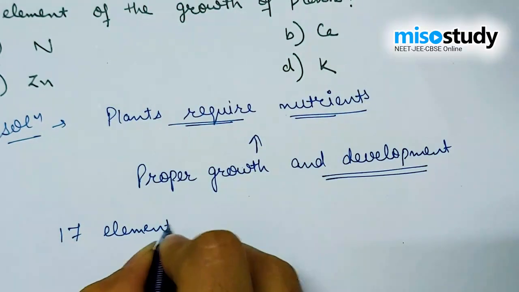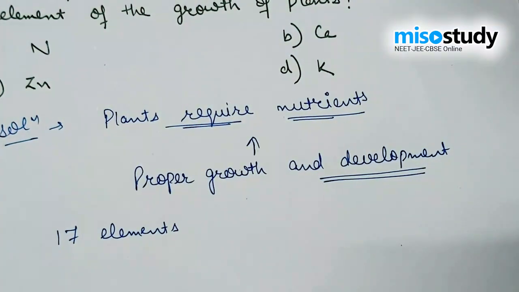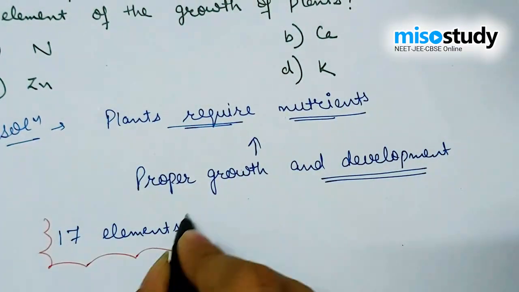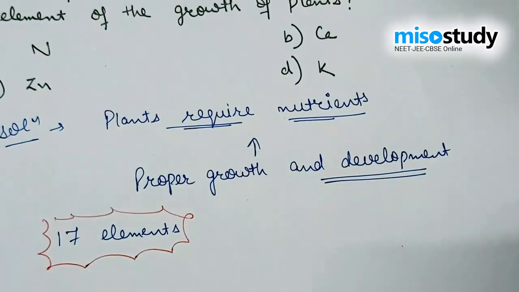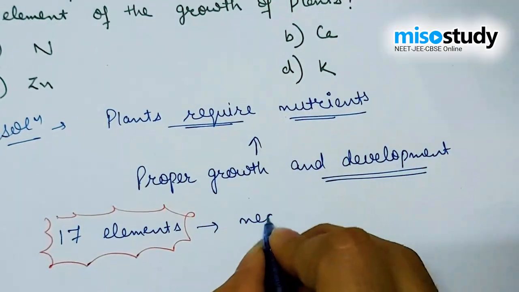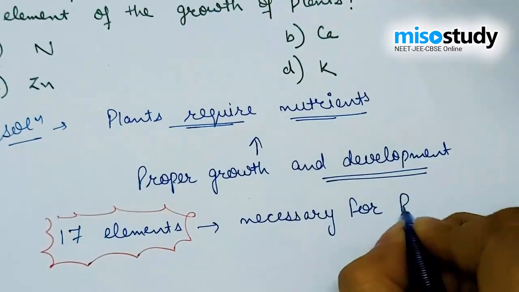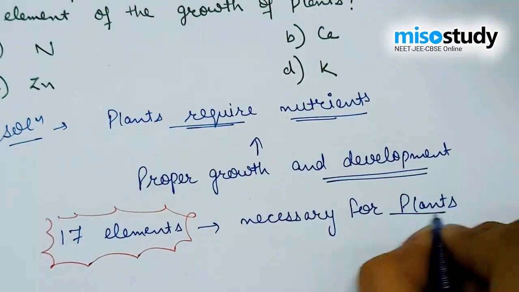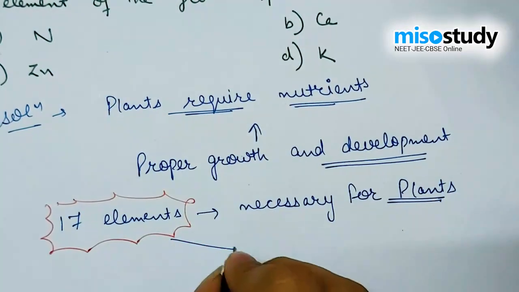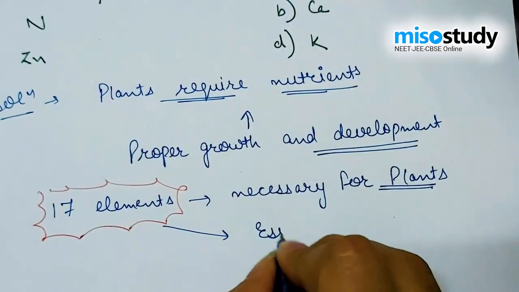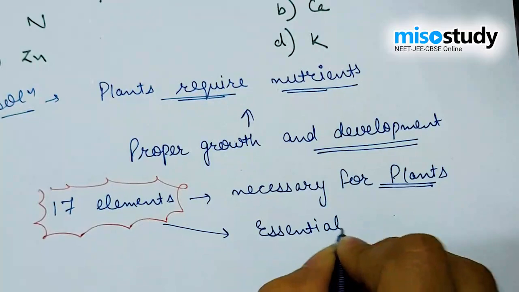There are 17 elements that are necessary for plants, and they are also known as essential elements.